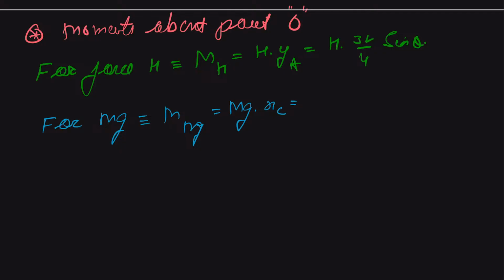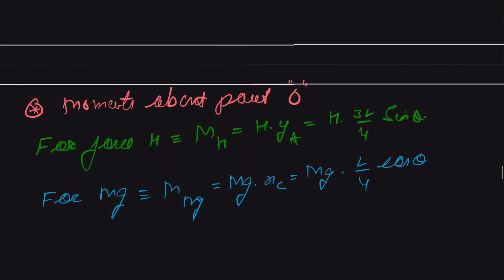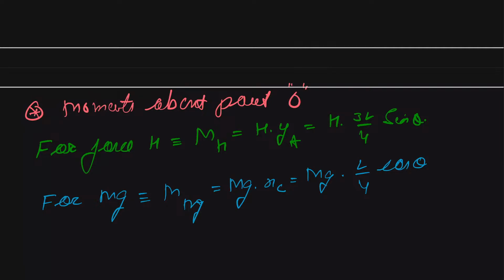So this comes as mg multiplied by L by 4 cos of theta. And the last one: because the reactive force we are taking at O, the reactive force is not going to produce any moment.